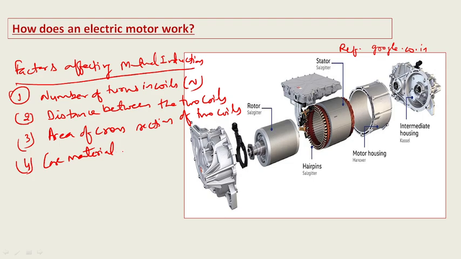So the core material may be air or soft iron, and soft iron is used for increasing mutual induction. And the fifth one is the orientation of both coils. So these are the factors which affect mutual induction in an electric motor.